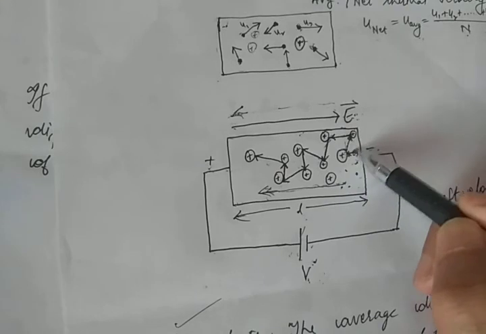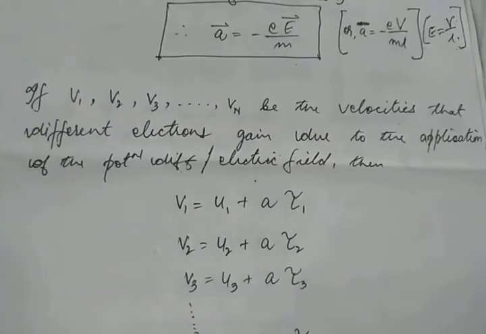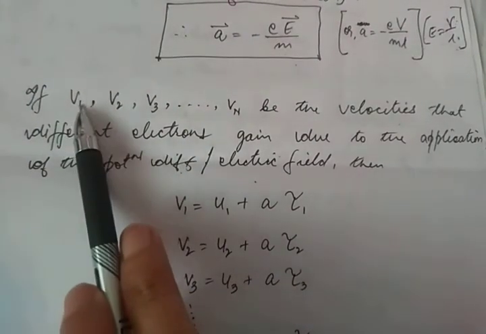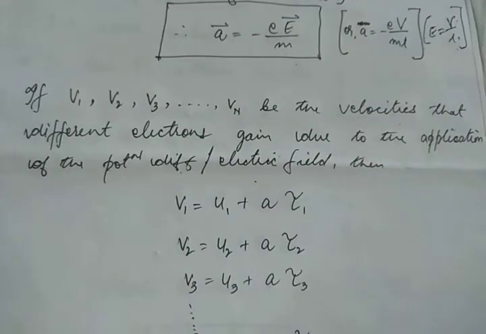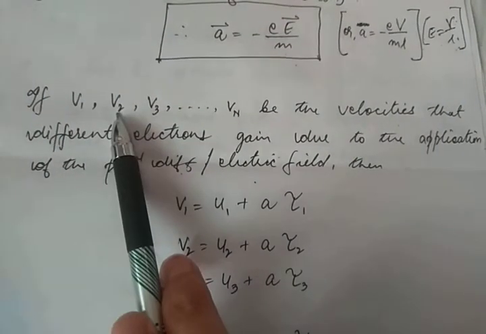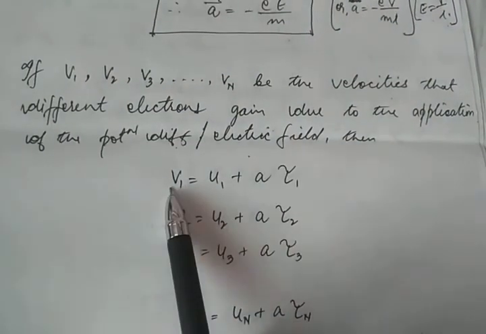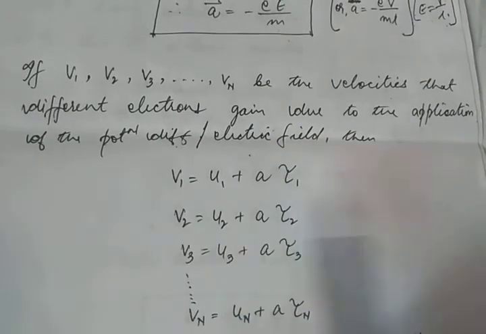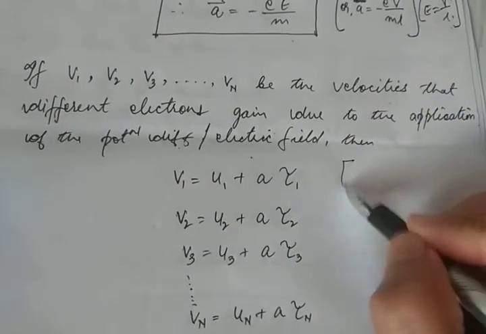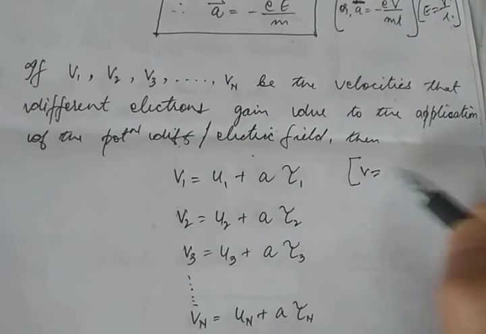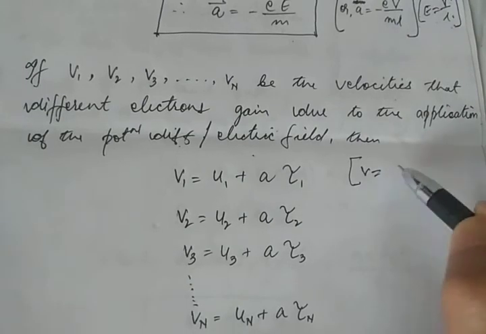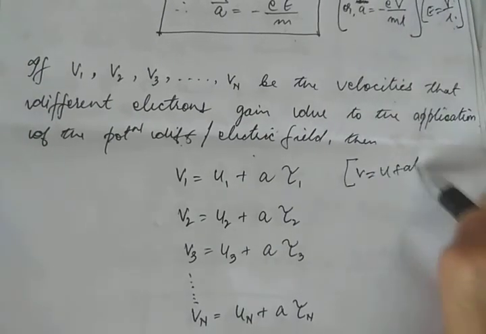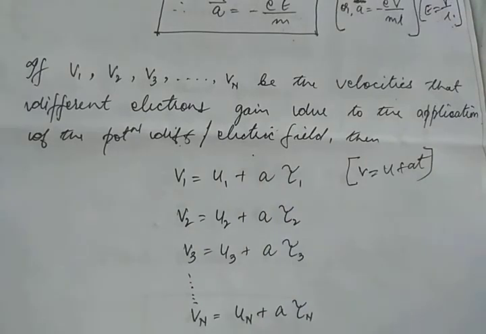So if v1 is the velocity gained by the first electron, v2 is the velocity gained by the second electron, then I can write v1 is u1 plus a tau 1. Where do I get this relation from? Equations of motion. This is one of the equations of motion, v is u plus at. Now what is u1?